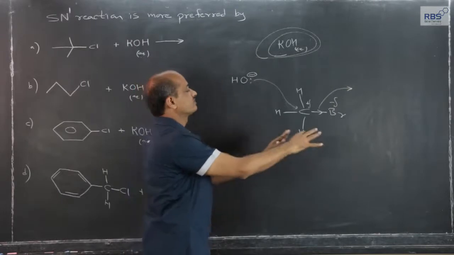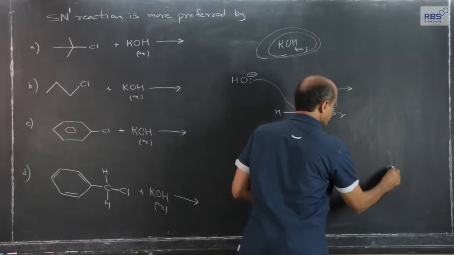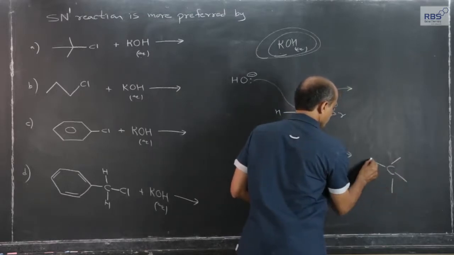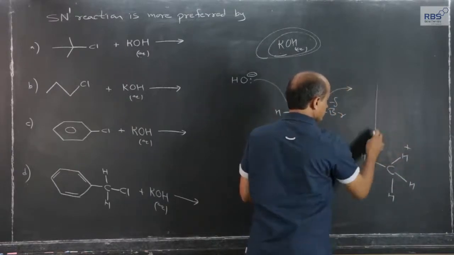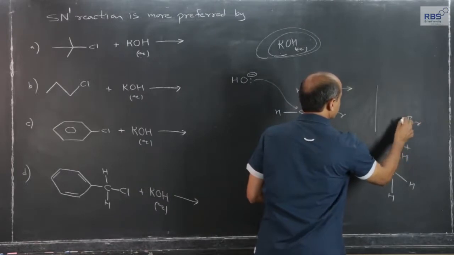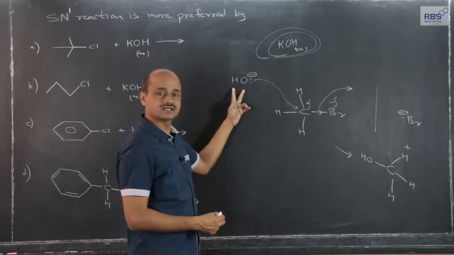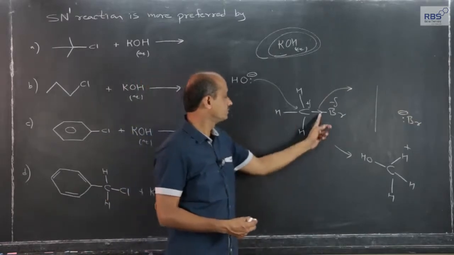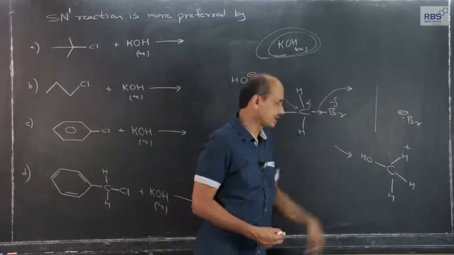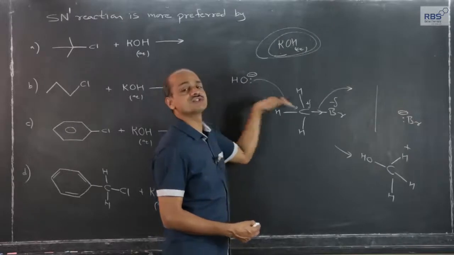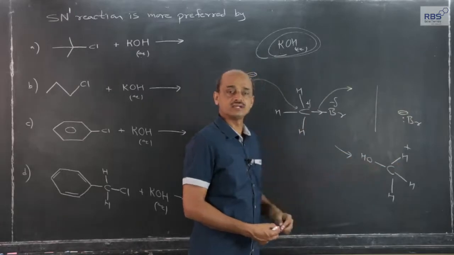If this takes place in one step, then the product we get is this, plus the bromine which goes out with the electron pair. So, one stronger nucleophile has attacked this alpha carbon and bromine goes out in the form of nucleophile. Stronger nucleophile replaces weaker nucleophile, and this takes place in one step, simultaneous attack of one nucleophile and removal of another nucleophile in one step.